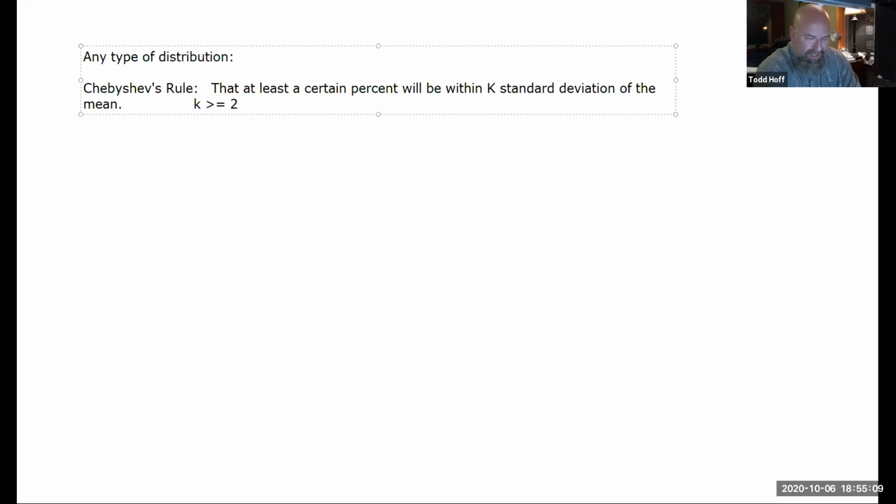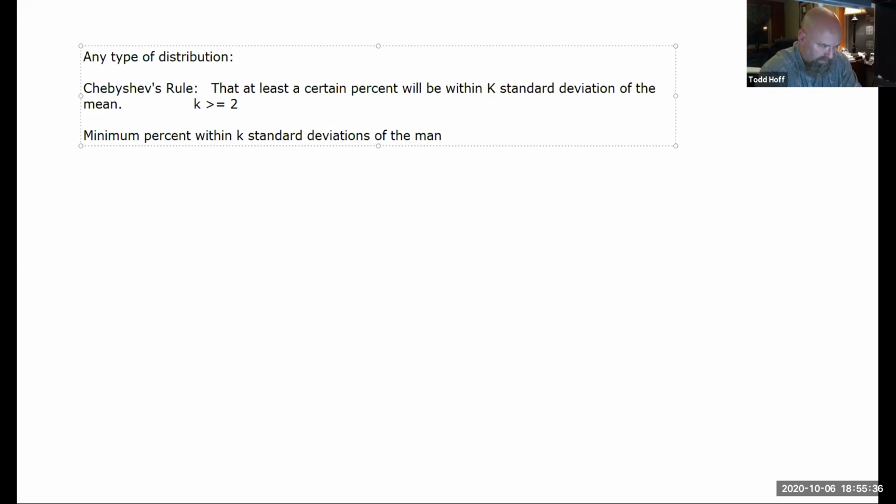If it's less than 1, it definitely doesn't work. Some textbooks say it just has to be greater than 1. Others say it has to be at least 2. So what the rule says is the minimum percent within k standard deviations of the mean is 1 minus 1 divided by k squared.